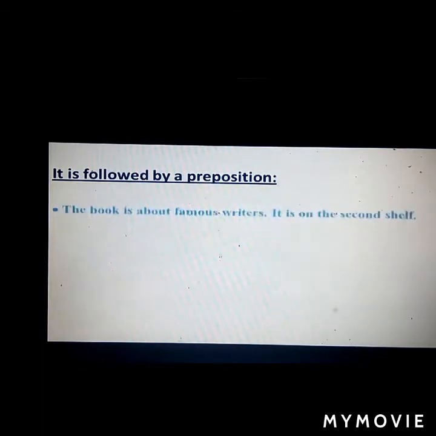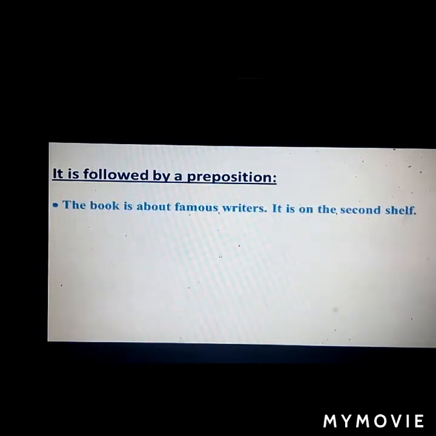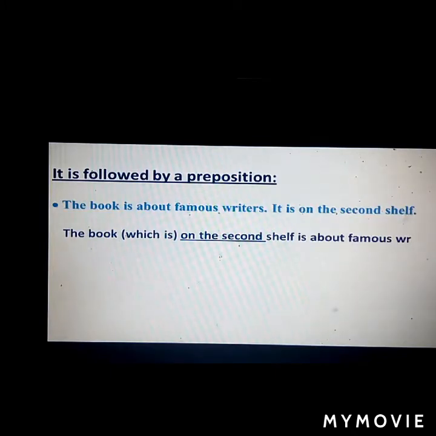This followed by preposition. The book is about famous writers. It's on the second shelf. The book which is on the second shelf.